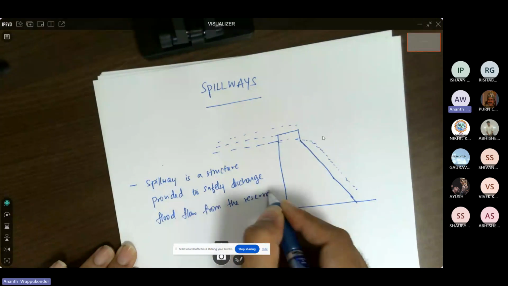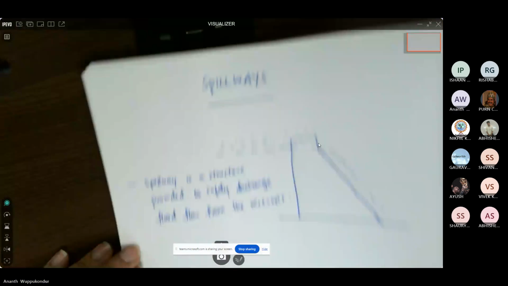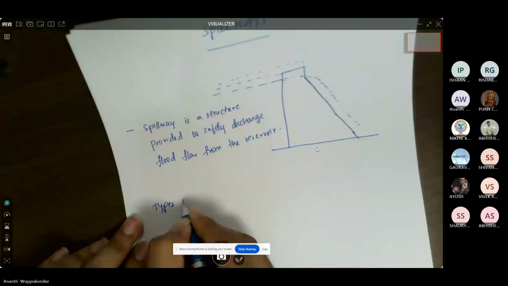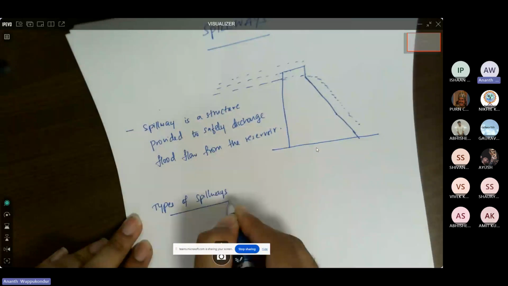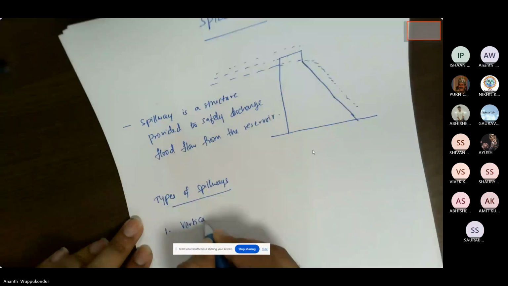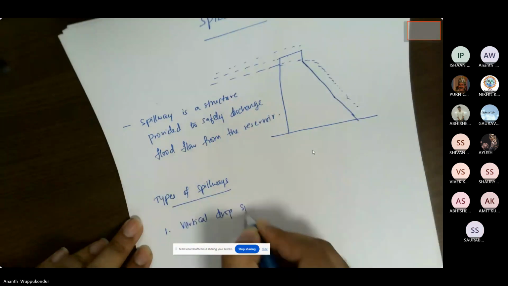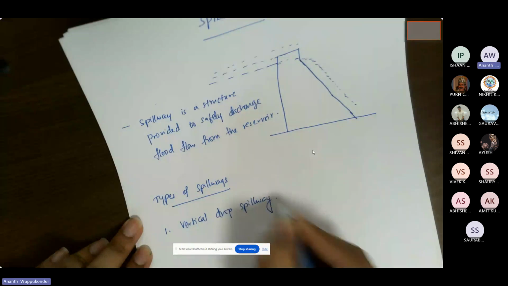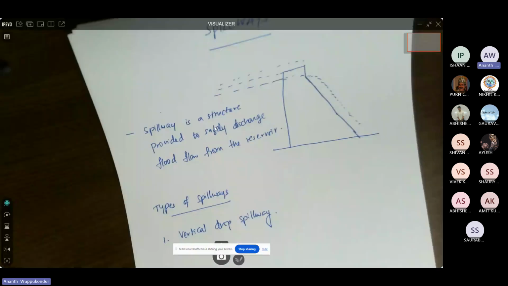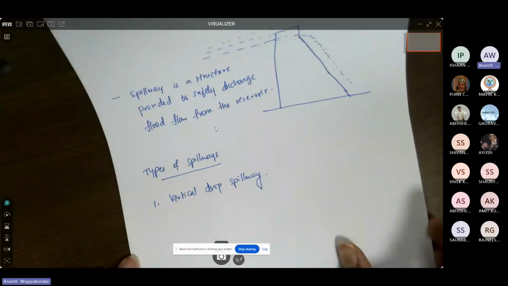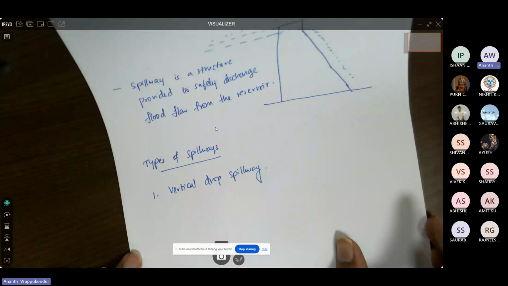Now, there are different types of these spillways that we are going to see. So the first is the vertical drop spillway. The vertical drop spillway is like the simple design of the spillway.